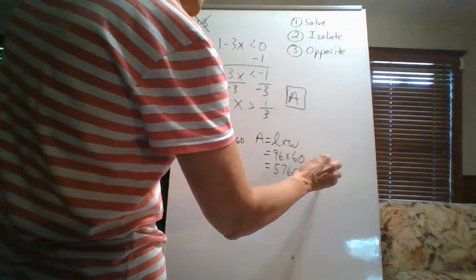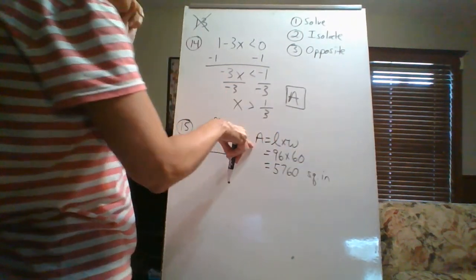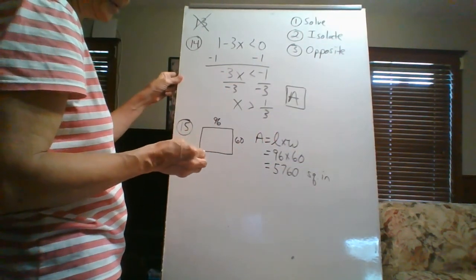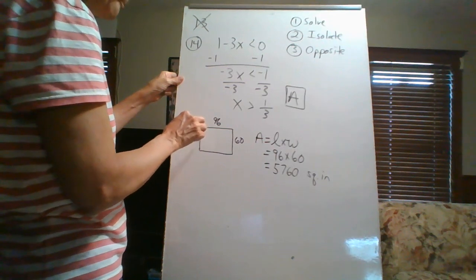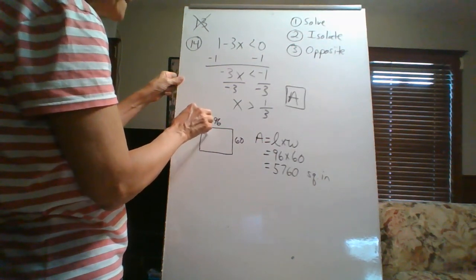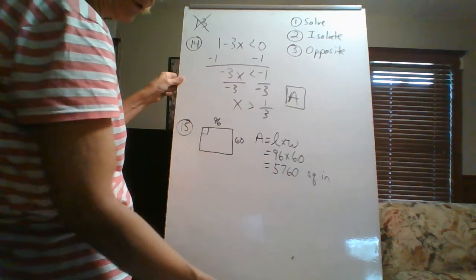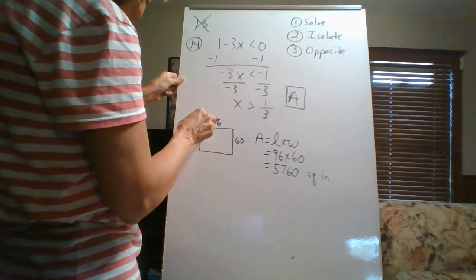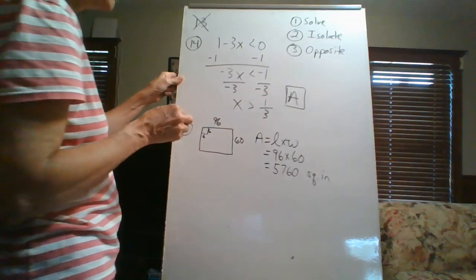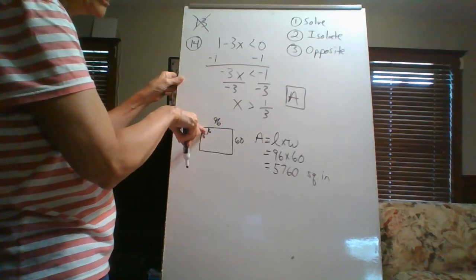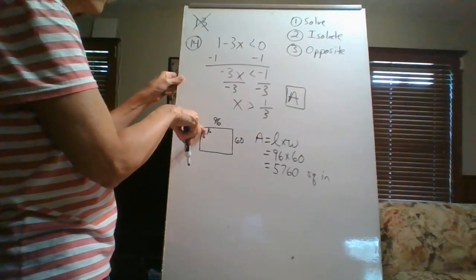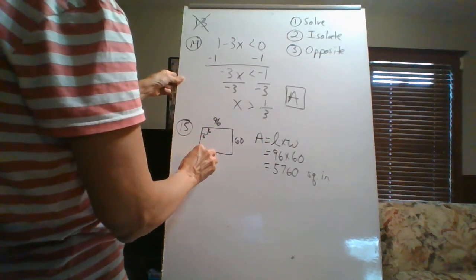Square inches. It's square because area is always in square units, always. Okay, so every one of these is going to be cut in a little piece, which you're thinking it's going to be 1 by 1, but what they've told us is every little square is 6 by 6. There's the catch.